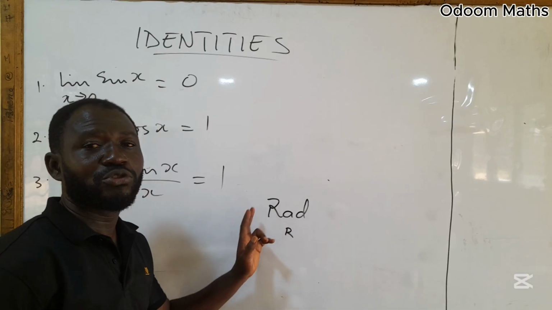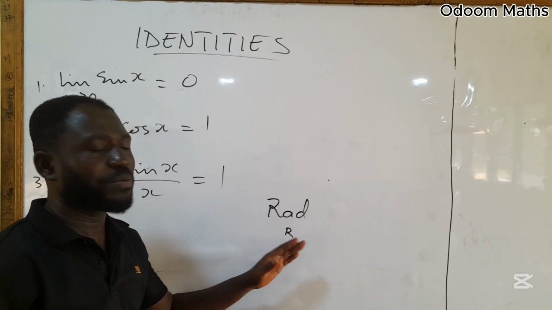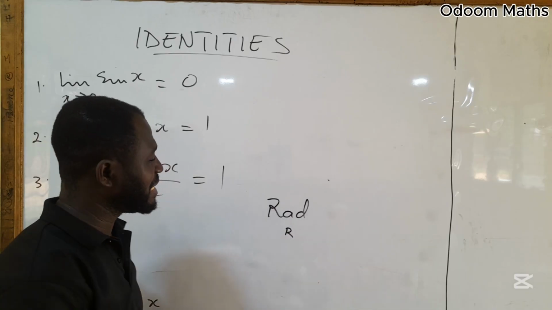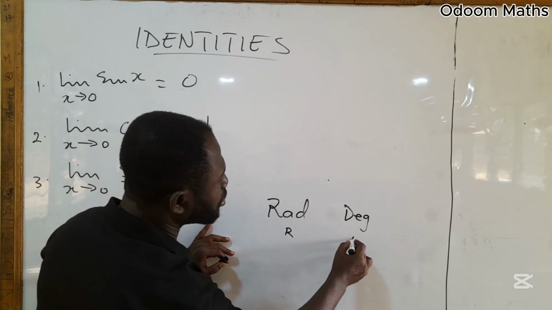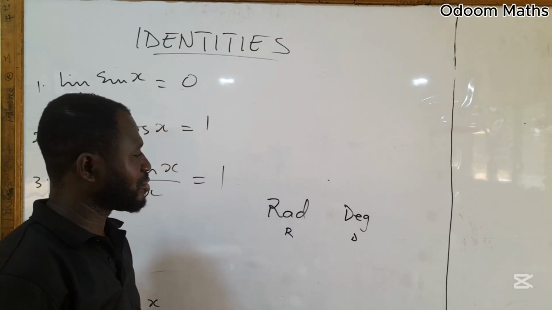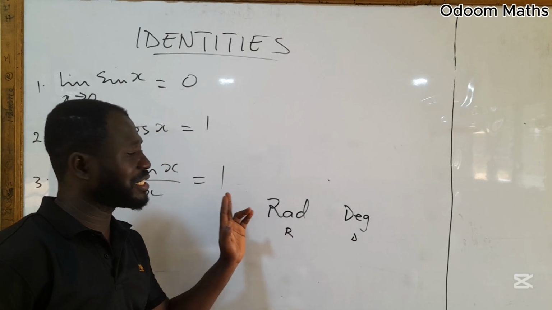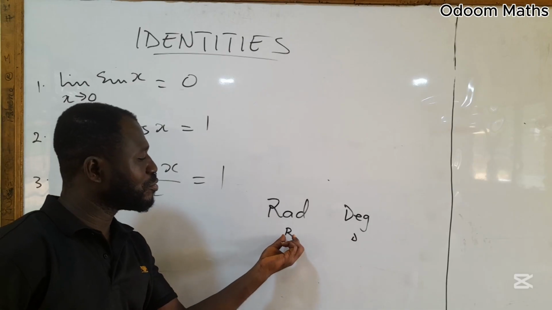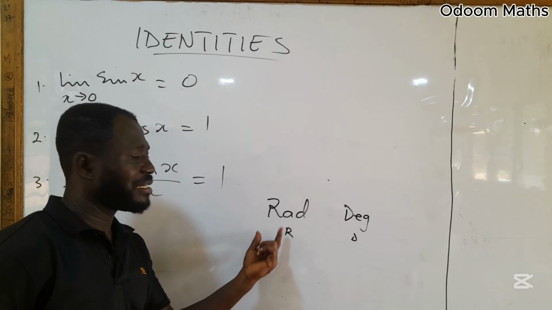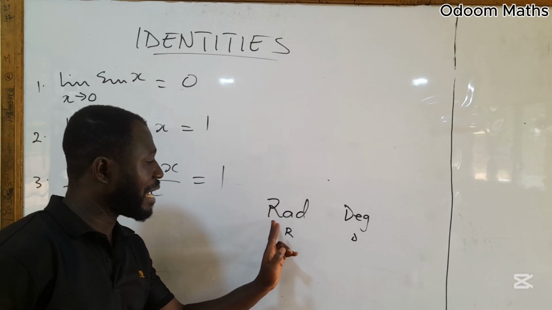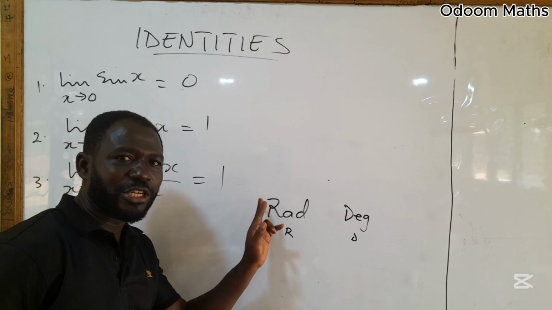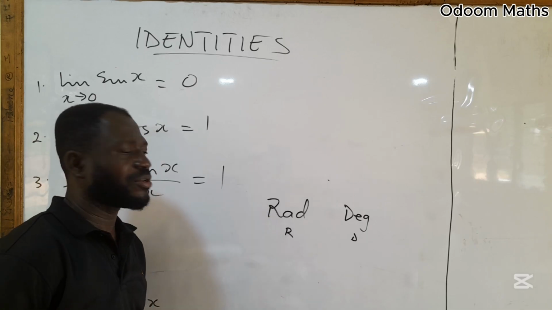If you want to go to degree measure, press shift mode and look for DEG, and you see a small d on the screen. We are using radian, so shift mode, then RAD, and you see the small r at the top of the screen of your calculator.